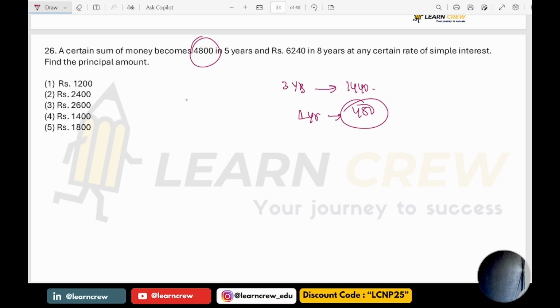In 5 years, 5 into 480 will be 2,400. So principal would be 4,800 minus 2,400, which is 2,400. So the answer is 2,400. 26th question, the answer is 2,400.